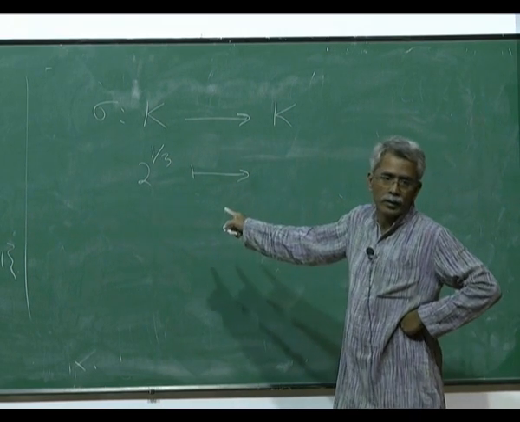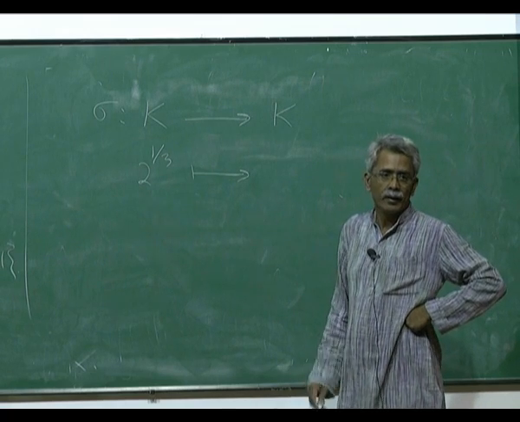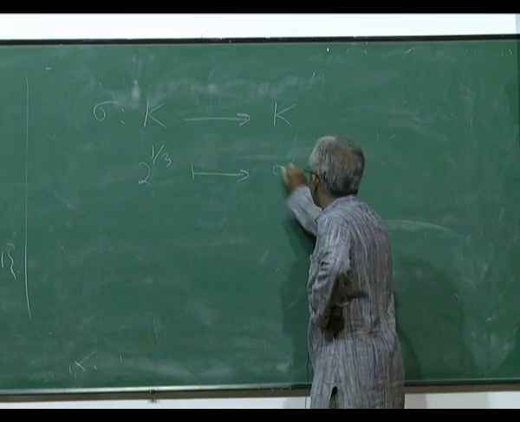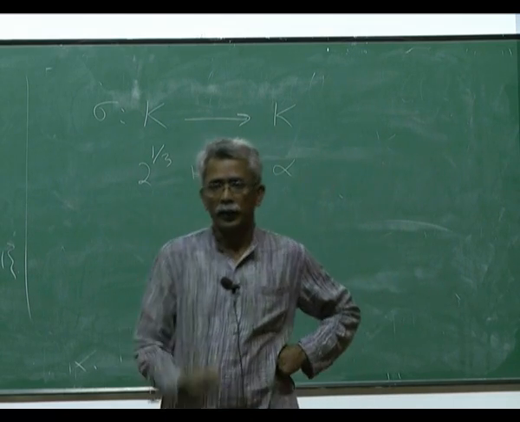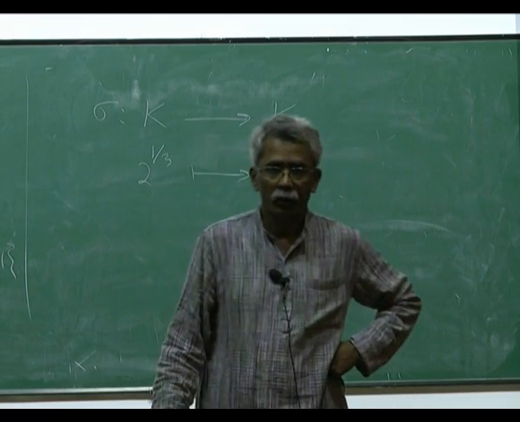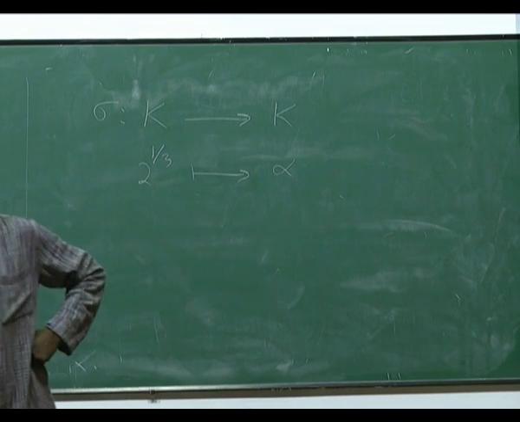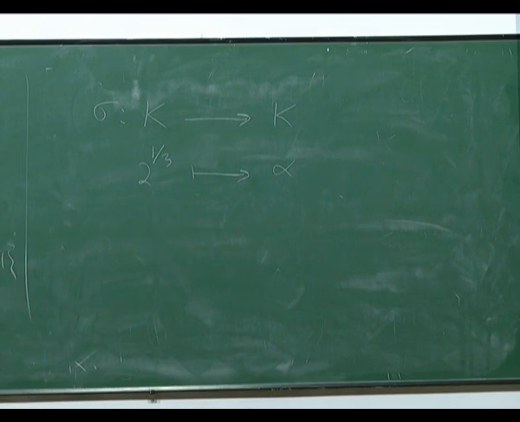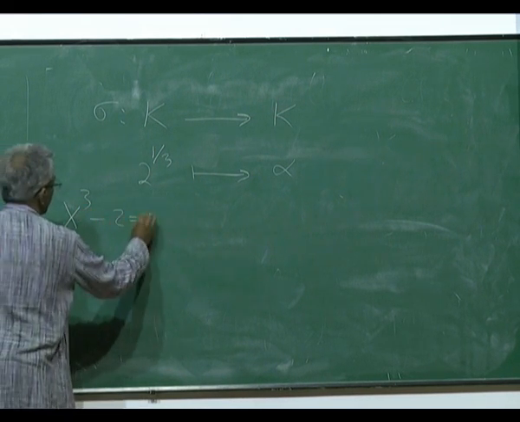Whatever it is, let us call that alpha. Alpha should satisfy the condition that 2 power 1 by 3 satisfies. What is the algebraic relation that 2 power 1 by 3 satisfies? It satisfies the equation x cube minus 2 equals 0.